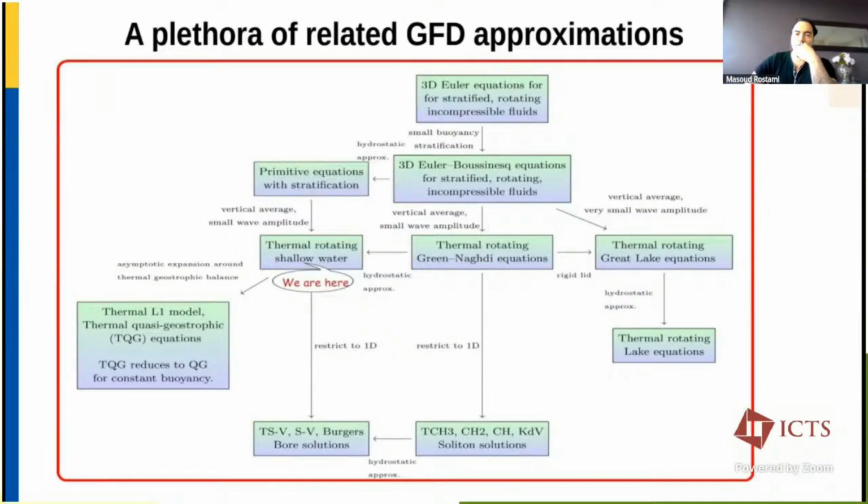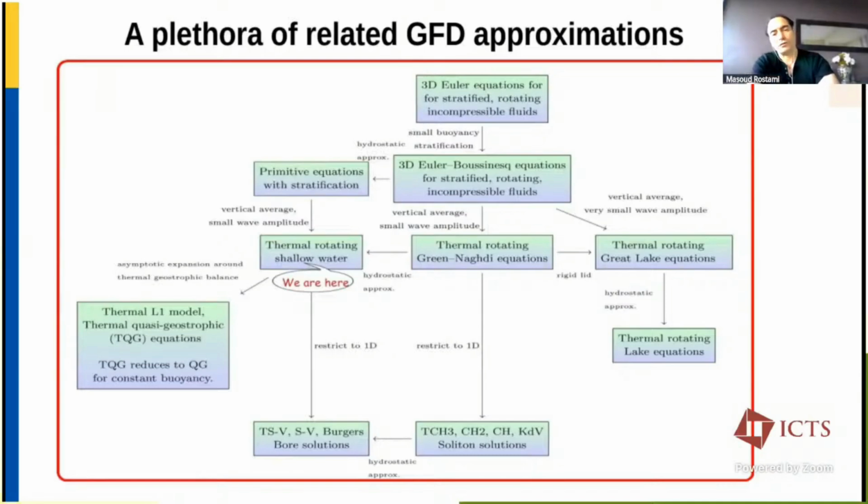And then we have three-dimensional Euler Boussinesq equations for stratified rotating incompressible fluids. Then on the left-hand side of that, we have primitive equations with stratifications. Once we have vertical integration from primitive equations, we have shallow water systems.